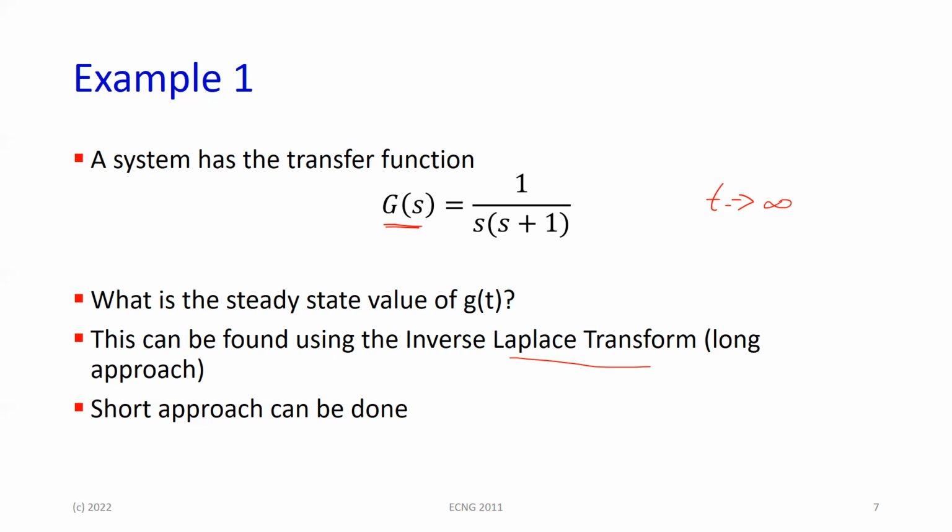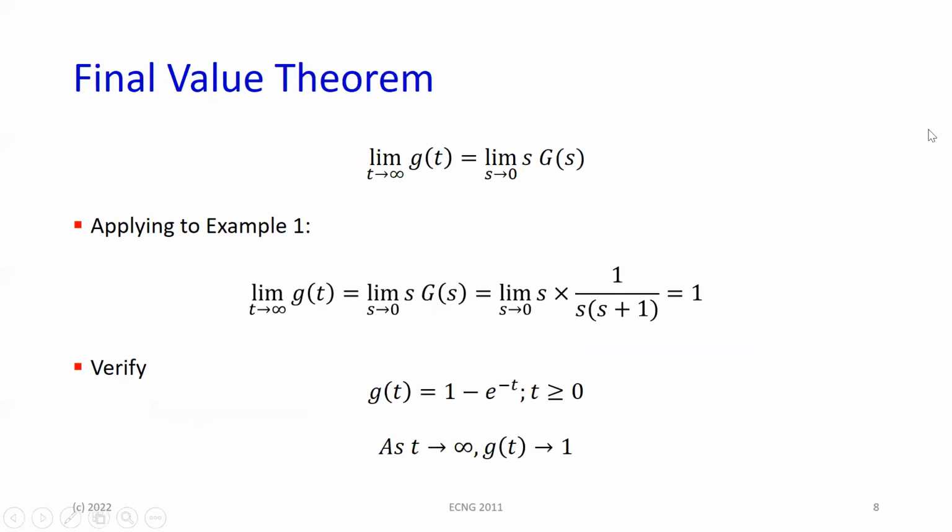We want to do as much manipulation as possible in the Laplace domain, satisfy ourselves that things are really working exactly how we want it or close to how we want it, and then we return to the time domain, okay? So this is where, as t goes to infinity, we make use of something called the final value theorem.